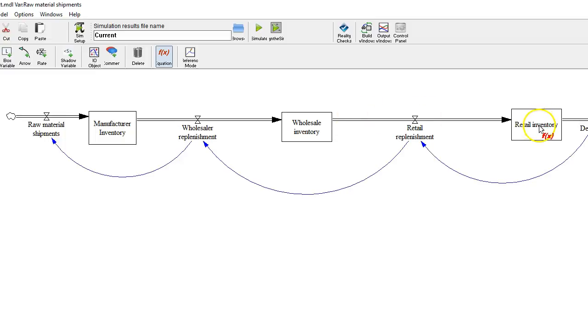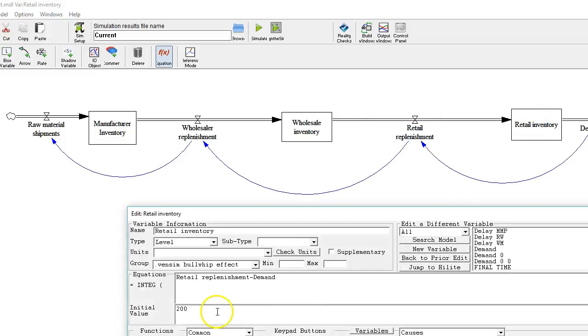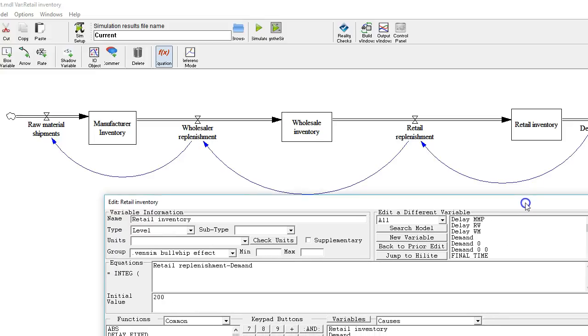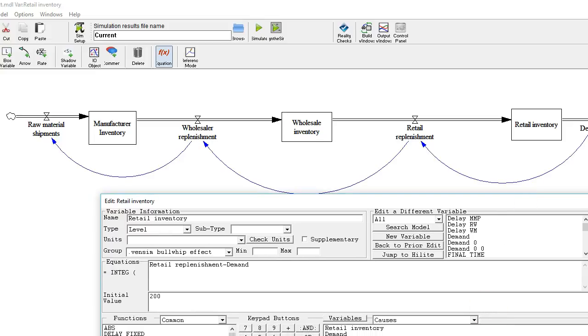The initial inventory is 200, and the formula is just whatever I had originally, the 200 plus the retail replenishment minus the demand, because it's a flow and the product is not to be considered to be lost. Simply the amount of product in the inventory is moved or stored at that particular location.